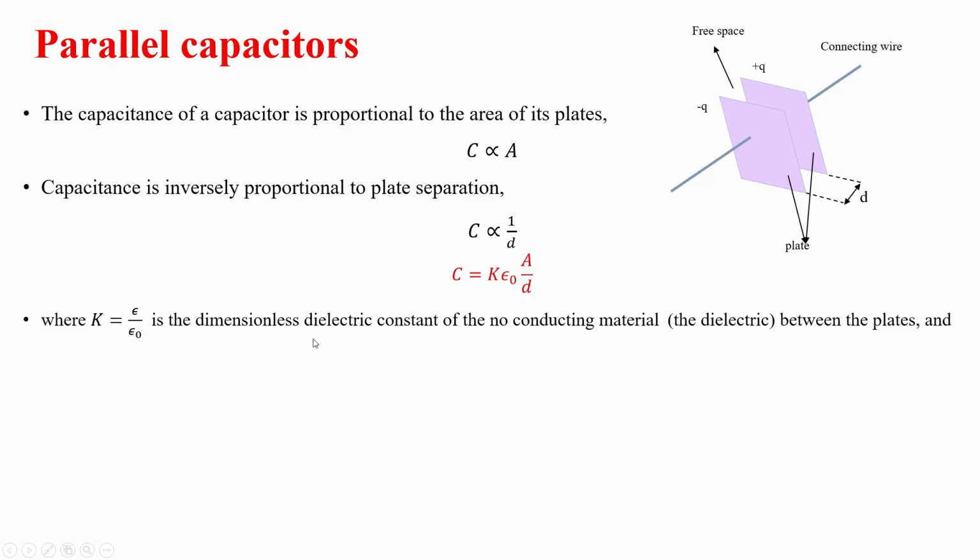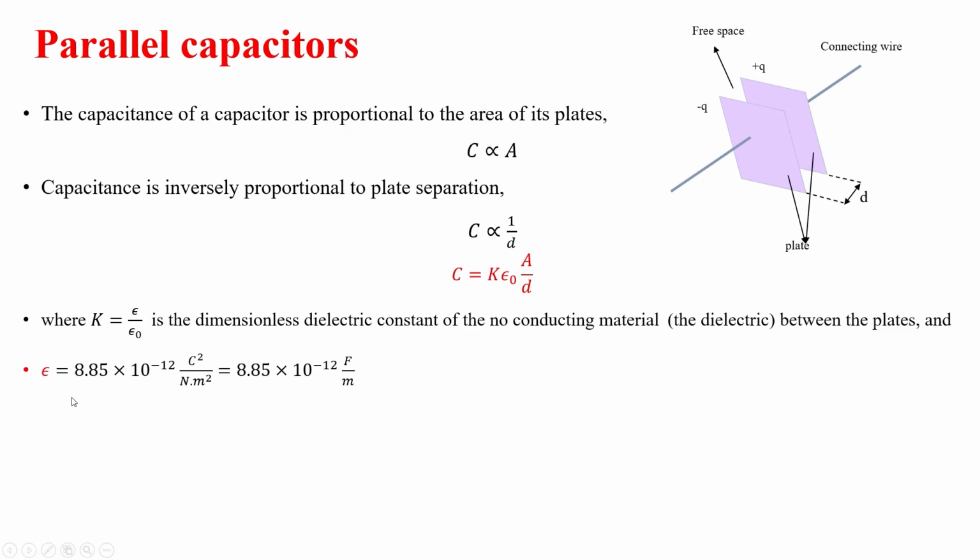It does not depend on the direction of the non-conducting material, that is the dielectric between the plates. So this K depends on the material, the insulating material between the plates. So K depends on the dielectric medium.